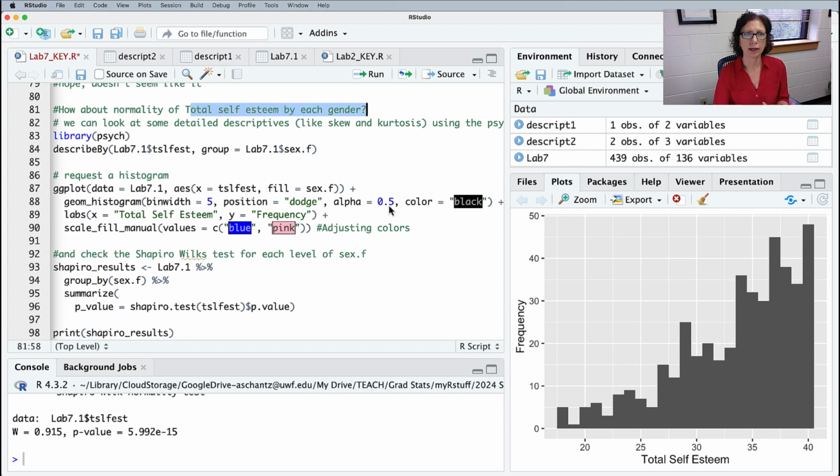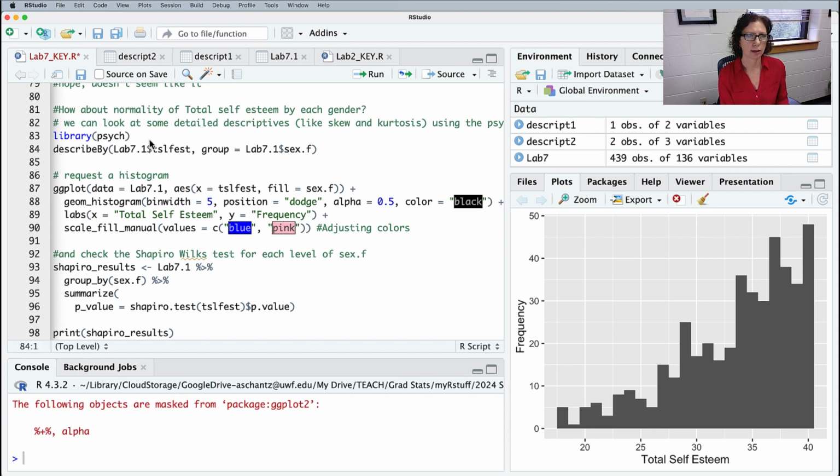Like, we can get some detailed descriptives by using the psych package, like if we want to get skew and kurtosis. Load up psych and then do a describeBy function. Describe self-esteem grouped by sex.